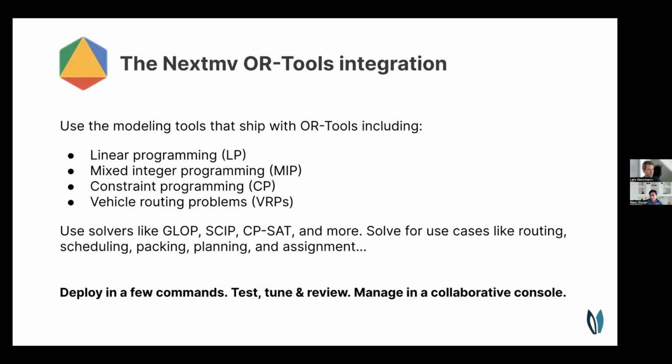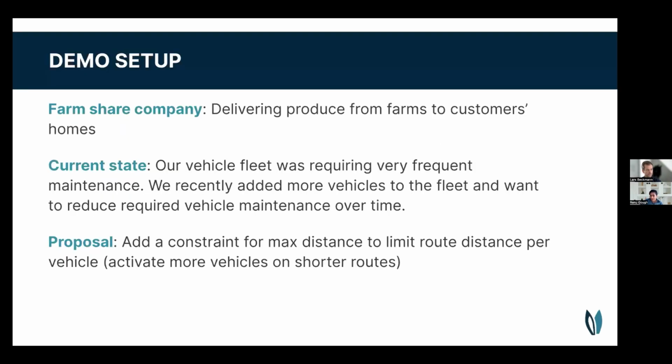And with that, I am going to dive into our demo setup. If you've joined us before for any of our presentations, you've probably heard about the NextMove Farm Share, which is our fictional company that delivers produce from farms to customers' homes. Our current state is that our vehicle fleet is requiring a lot of frequent maintenance.